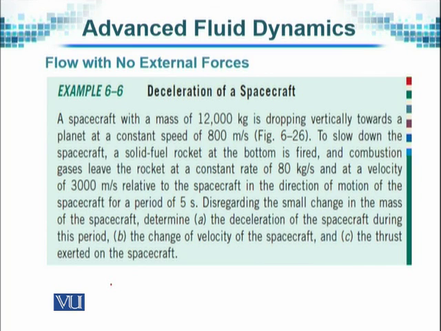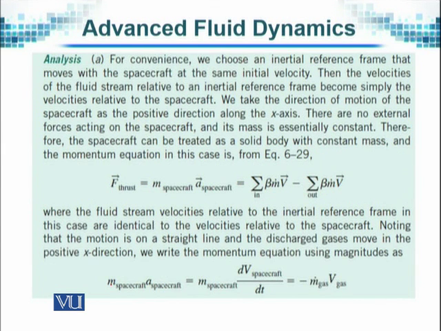Disregarding the small change in the mass of the spacecraft, determine the deceleration of the spacecraft during this period, that is during those 5 seconds, the change of velocity of the spacecraft. If it decelerates, its velocity is going to change, and the thrust exerted on the spacecraft. So these are the three things that we need to calculate, and let us work them out.